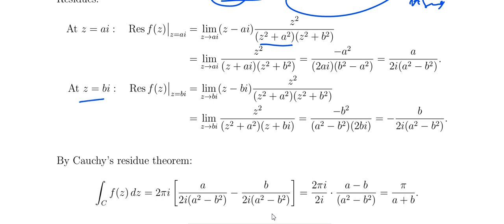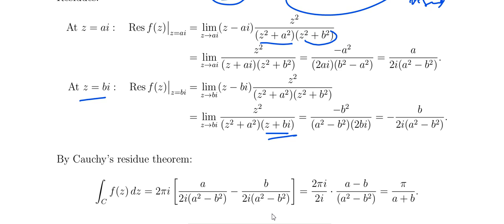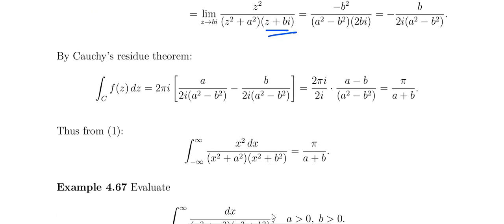The same way for z equal to bi: factorize, z minus bi and z plus bi, and just replace z tends to bi, so we get minus b by 2i into a square minus b square. By the Cauchy residue theorem, 2 pi times the sum of the residues, take the LCM, and when you simplify, pi by a plus b is the answer.